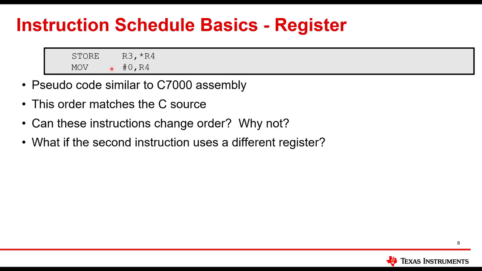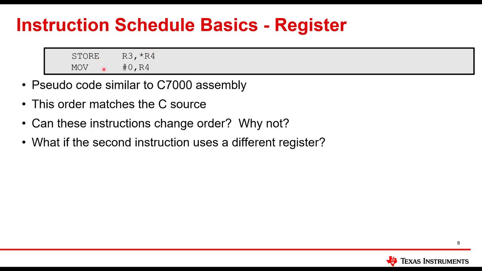Well, for this particular example, the answer is pretty obvious. No, you have to keep them in the same order, because if you put that move first, it's going to copy 0 to R4, and then you're storing R3 indirect of R4, which has 0 in it, and you don't want to write to location 0. That's bad. So you can't change the order of these instructions, okay?